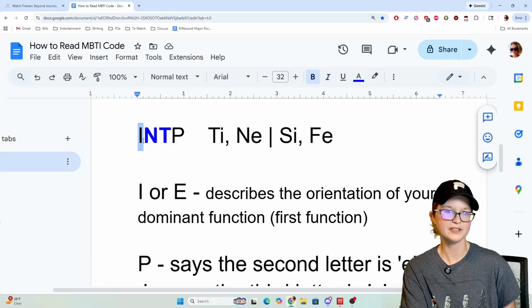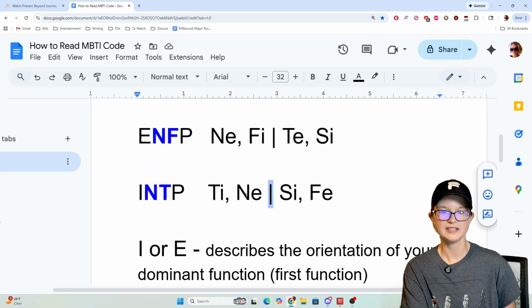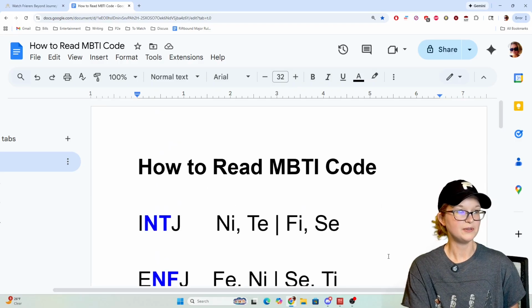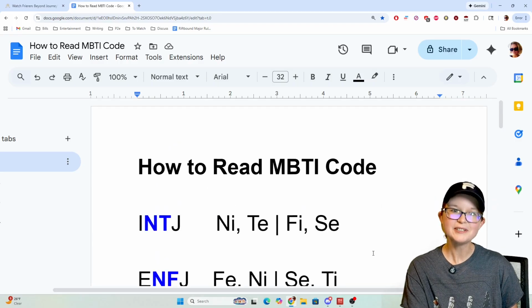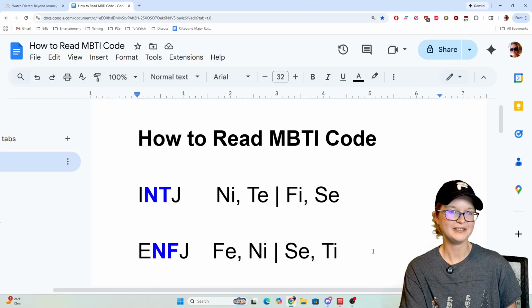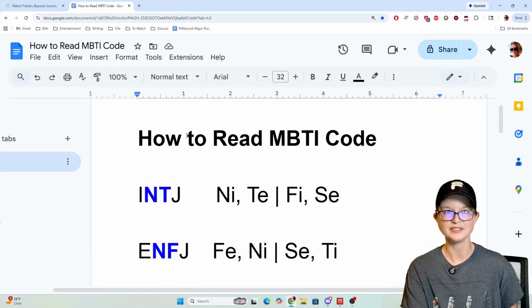However, they are an introvert, so the introversion is going to be their dominant function. Because N is extroverted, that means the T is going to be introverted, and it's going to be their dominant function. So what you have is TI-NE, and due to the mirroring effect, the opposite of NE is SI, and the opposite of TI is FE. I'm not going to go through all 16 types. You can do that as a worksheet for yourself if you feel so inclined.